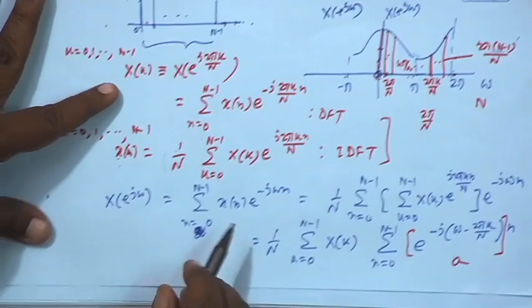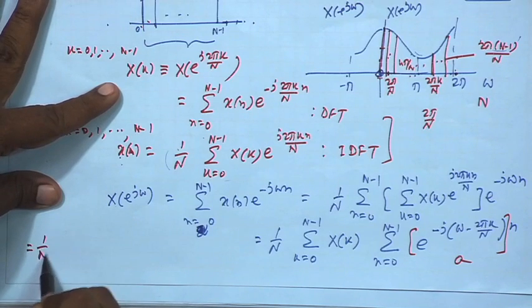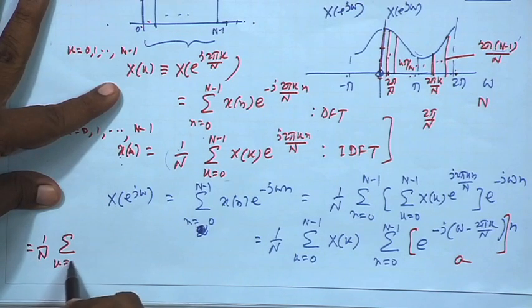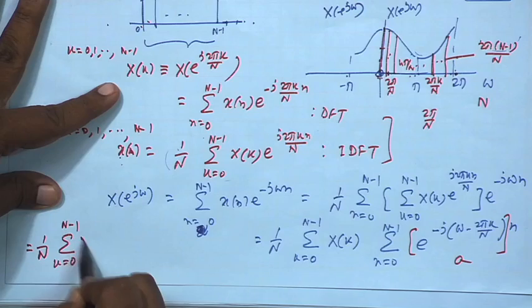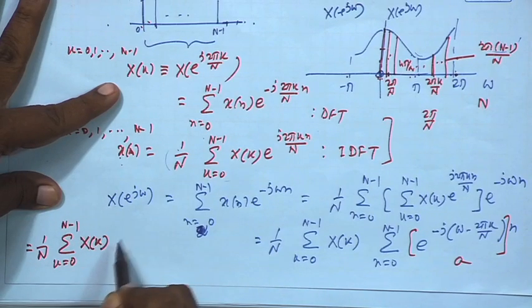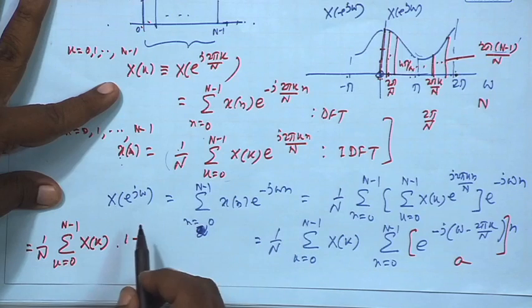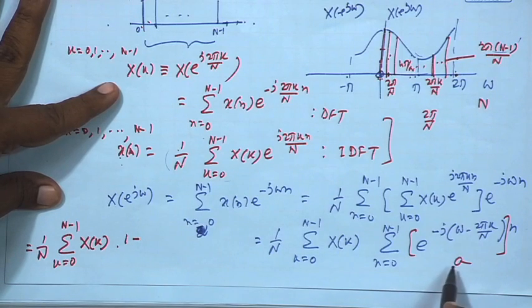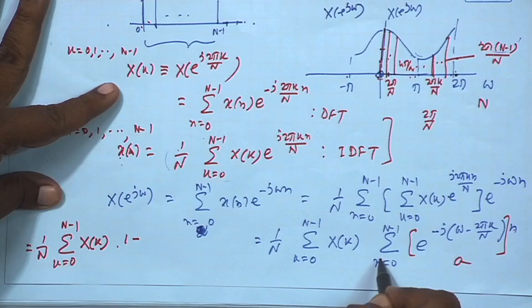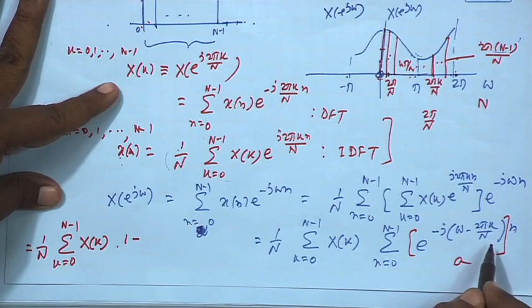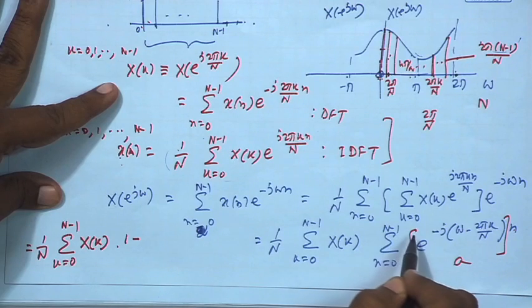So, this summation will be... into 1 minus a to the power capital N, that is a GP series. What is the series? A to the power small n, first n equal to 0, that is a to the power 0, then n equal to 1, that is a to the power 1: a to the power 0 plus a to the power 1 plus a to the power 2, dot dot dot, up to a to the power capital N minus 1.